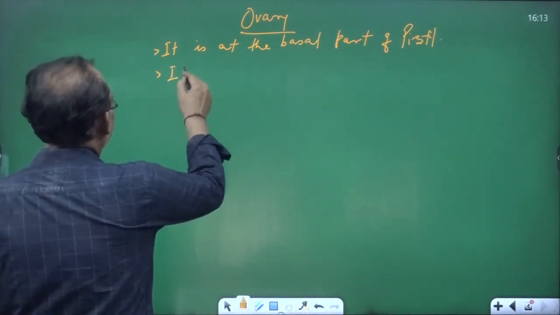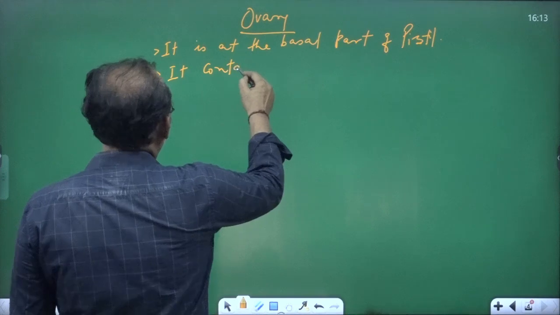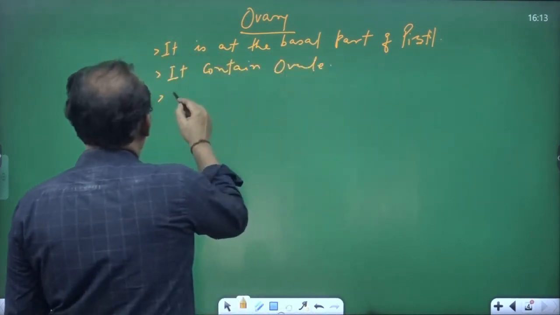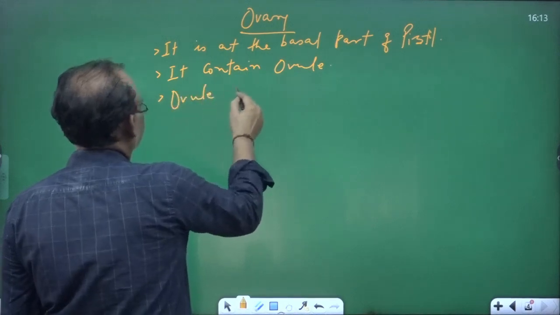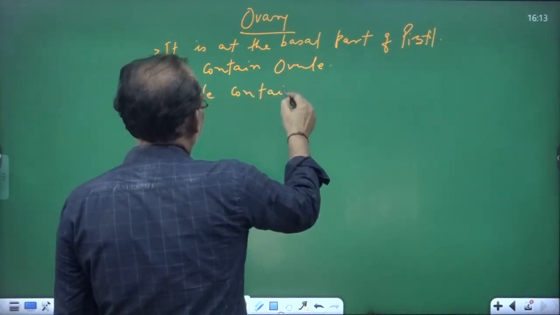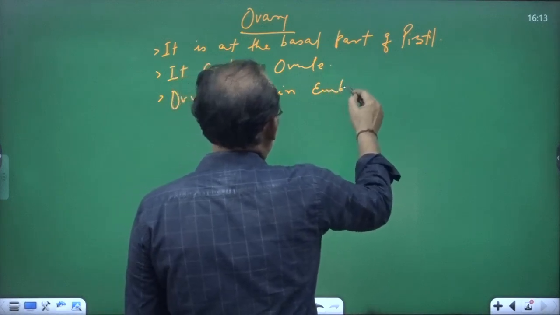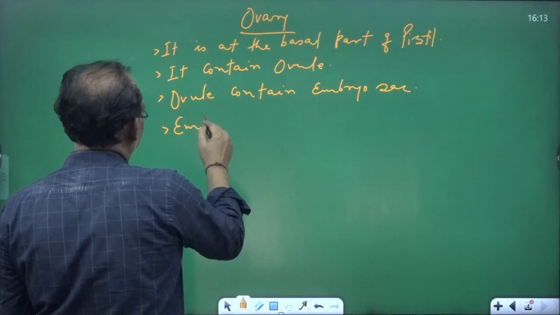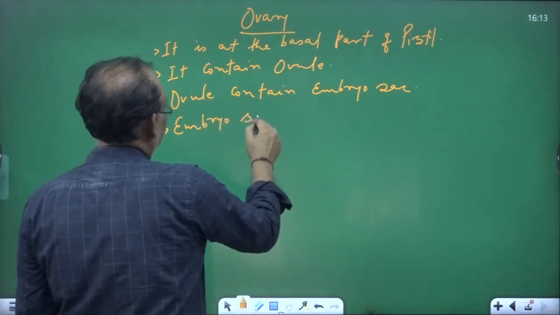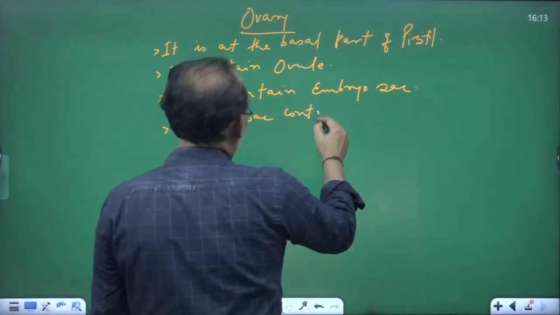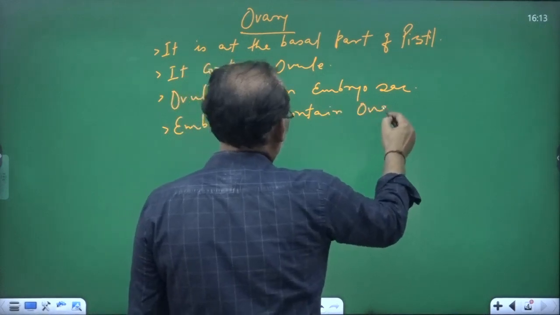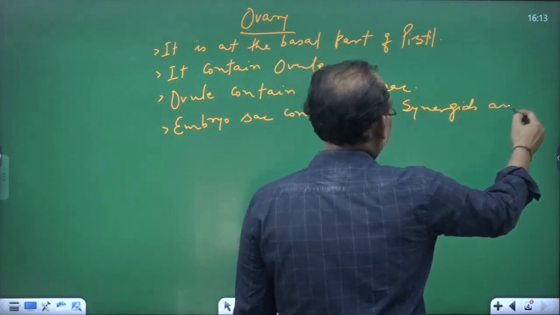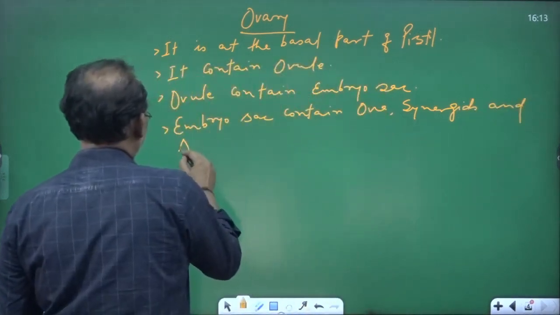It contains ovule, and ovule contains embryo sac, and embryo sac contains ova, synergids and antipodal cells.